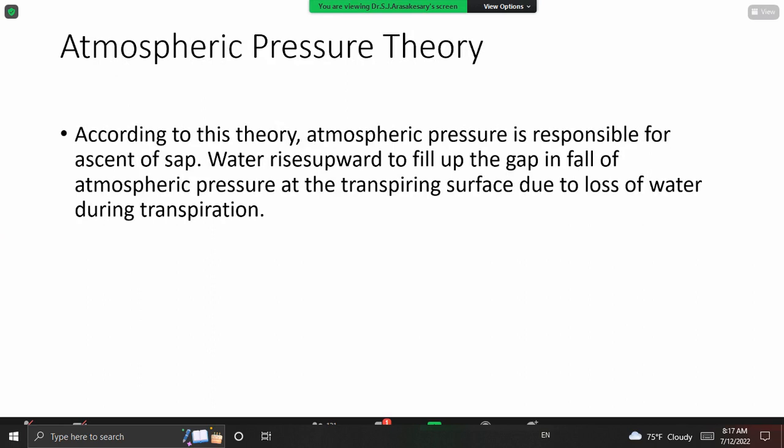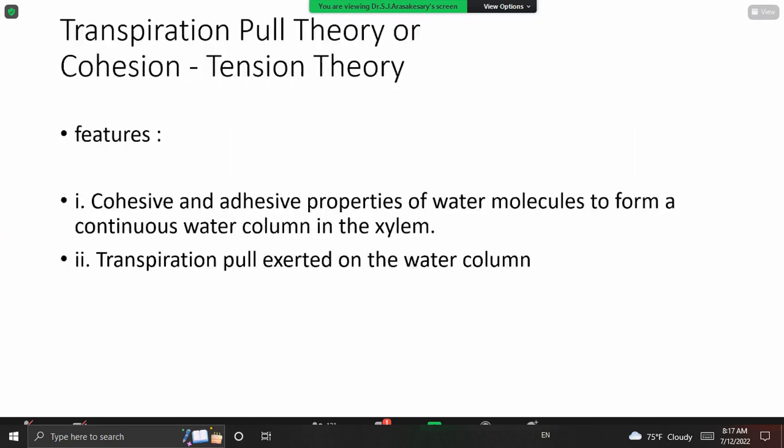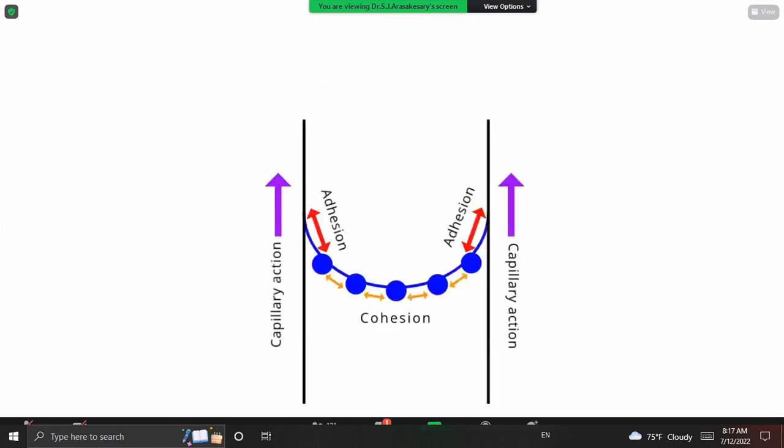So, capillary force is there. You can see imbibition theory. Yeah, this is a very important theory: transpiration pull theory or cohesion tension theory. We can see what is cohesion and adhesion. See, this is capillary action.